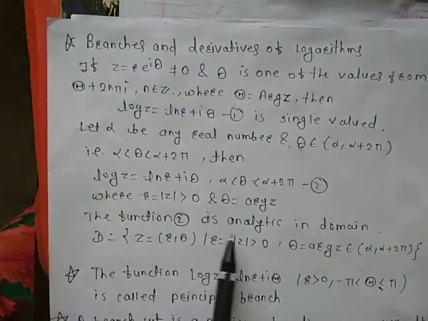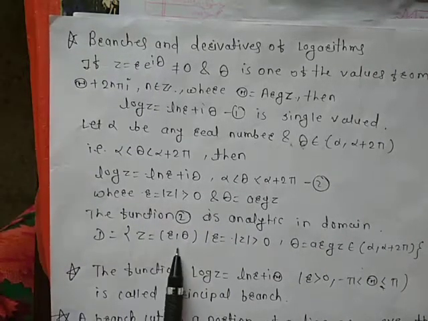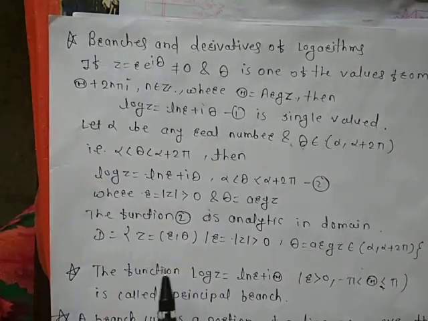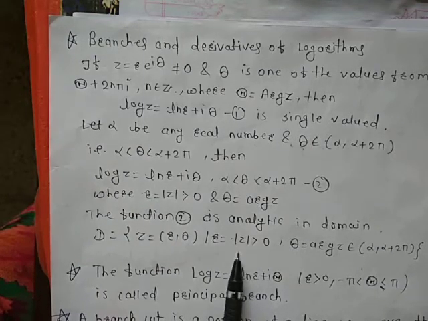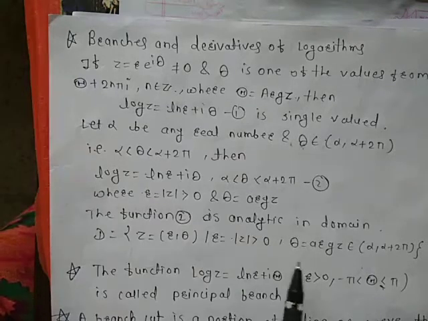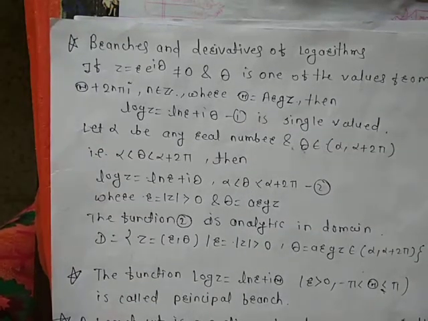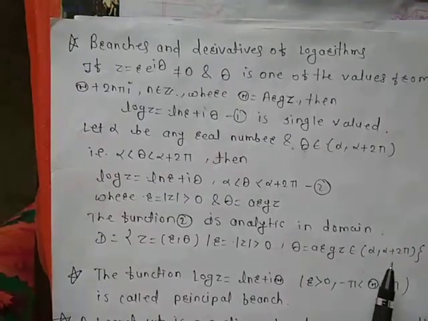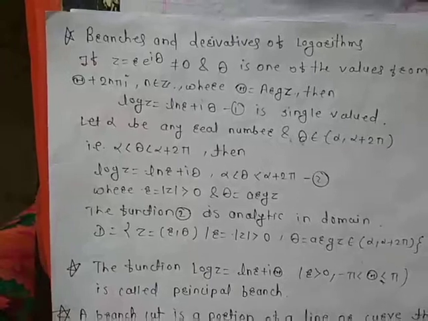This function is analytic in the domain D, equal to z with polar coordinates r comma theta such that r, equal to modulus of z, is greater than 0 and theta, equal to argument of z, belongs to the open interval alpha comma alpha plus 2 pi.